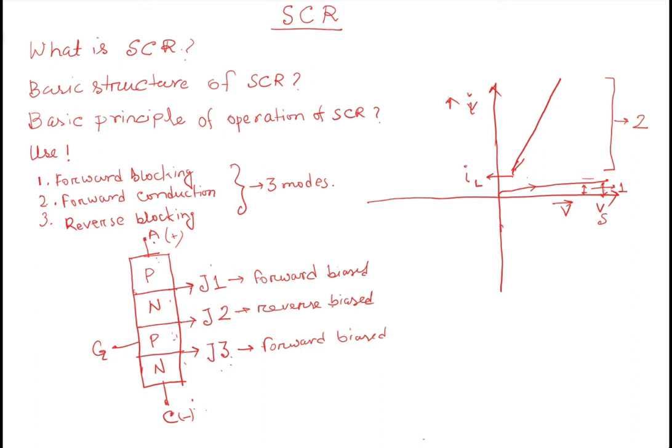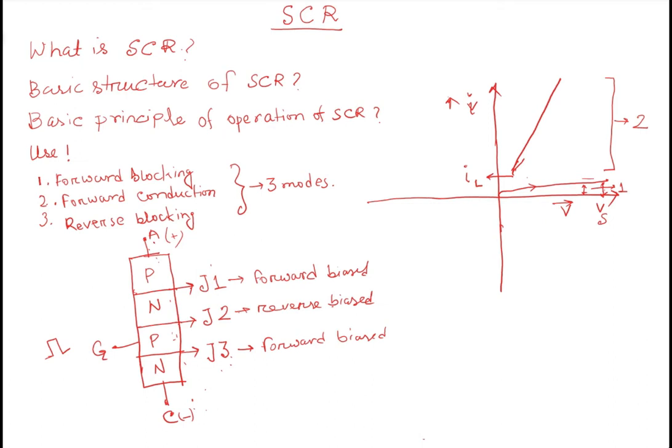In other words, if we keep the anode to cathode voltage the same and give a positive pulse of sufficient value here, then the J2 junction will go into forward bias mode. In that case, the forward current will again start increasing.